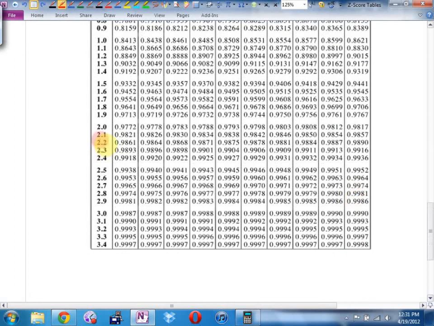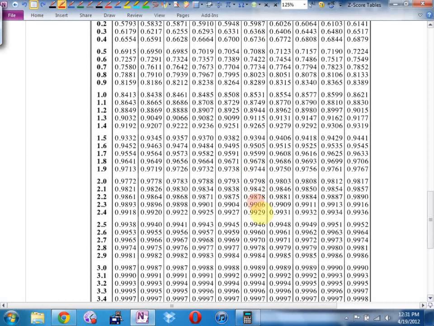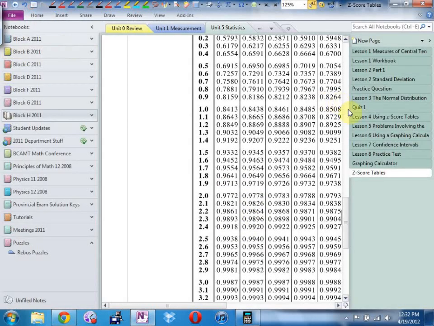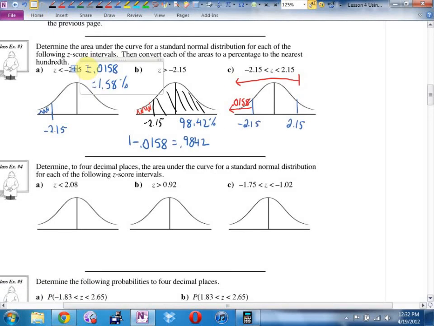Here's 2.1. 2.15, because this is the column with the 5, yes? Right there. Well, it's tough to follow across. I learned when I was teaching this in Math 12, a couple of pieces of paper to kind of zig and zag, or a ruler, something to just help you follow it along a little bit easier is a huge help. What was it? 0.9842?